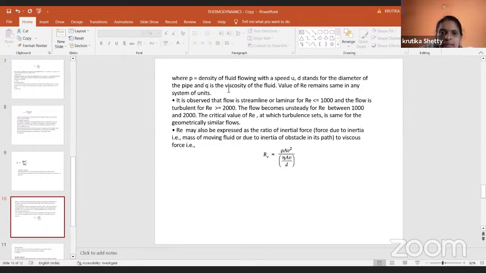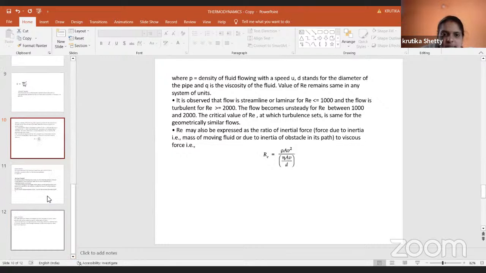Then the question comes, if it is in between 1000 and 2000, what is it? We say that it is unsteady. Then we have the expression for Reynolds number also: rho v D divided by eta. So this is your Reynolds number.